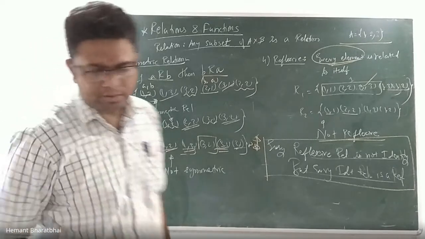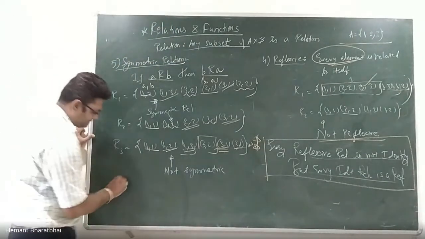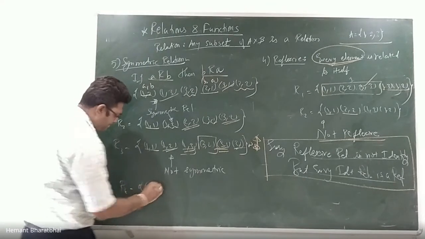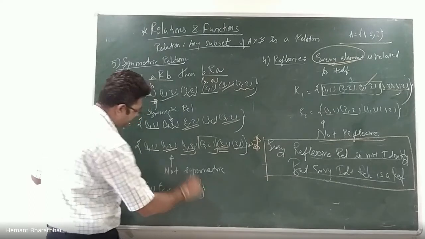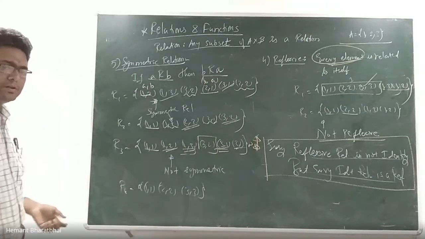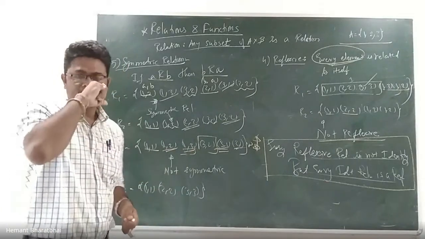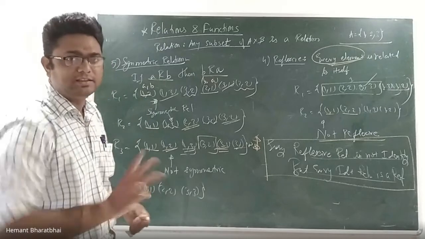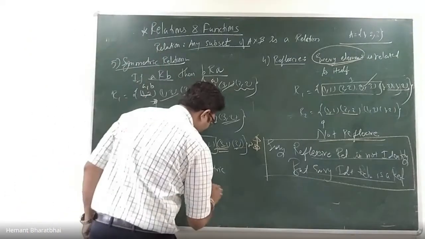So I hope you have understood. But if I write an identity relation, (1, 1) reverse is also (1, 1), which is present. (2, 2) reverse is (2, 2), that is also present. (3, 3) reverse will be (3, 3) only. So this is also symmetric.